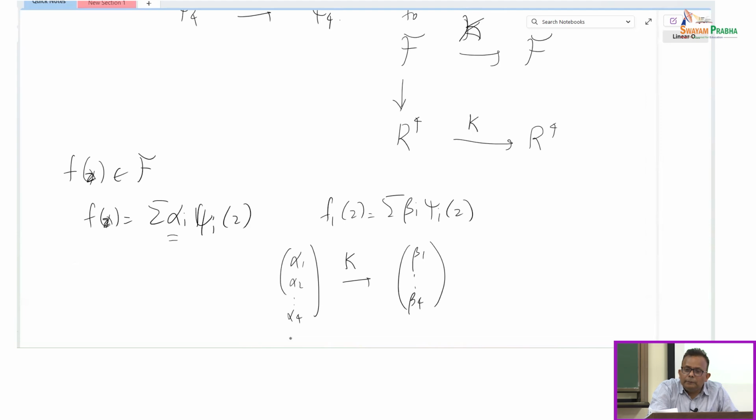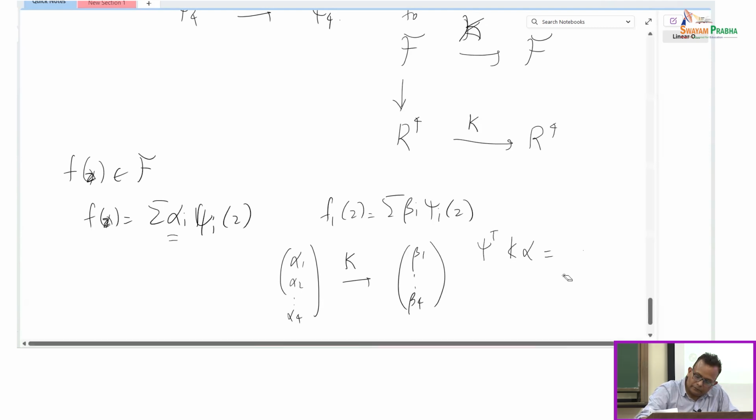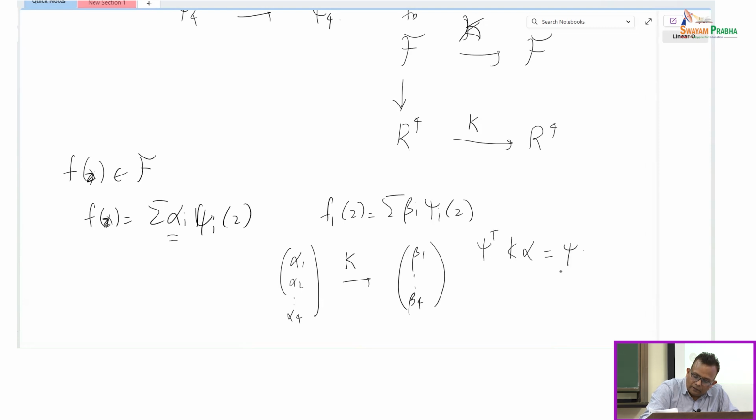And this multiplication, you can multiply it from the right or from the left. The standard convention is you multiply it from the right. So K alpha equals beta, right? Now I want to get a function from this. So the function is psi transpose from the left and the coefficients from the right.